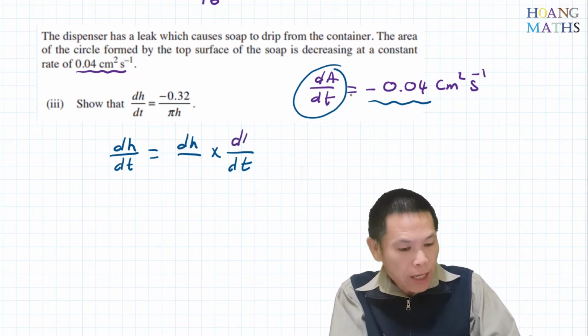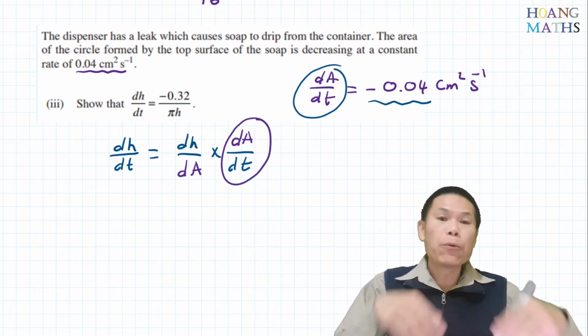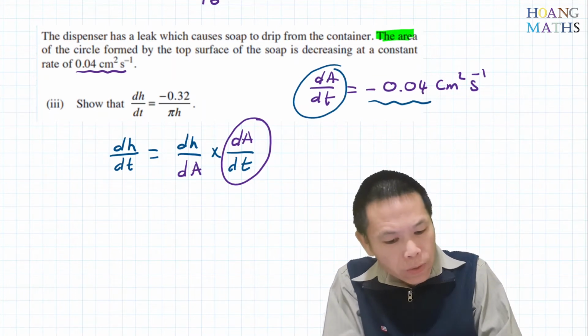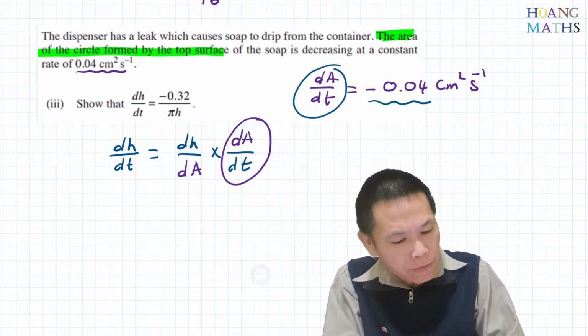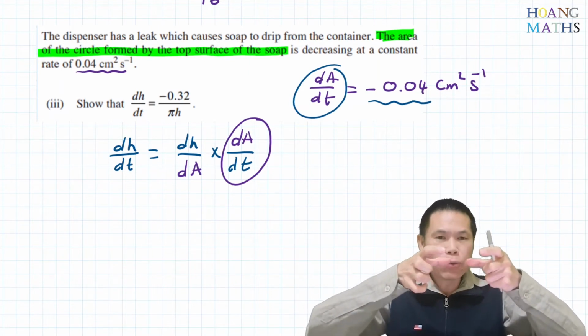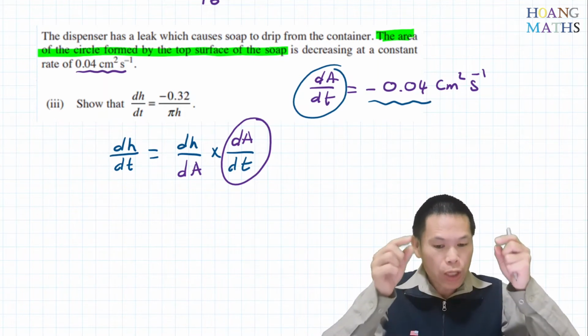So this is dA, and this is dA. And we already know dA/dt. And we know the area of the circle formed by the top of the surface of the soap is reducing at a constant rate, which is negative 0.04.